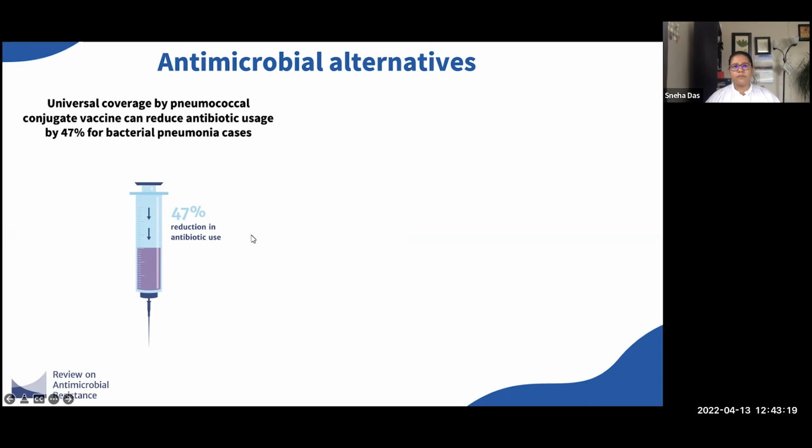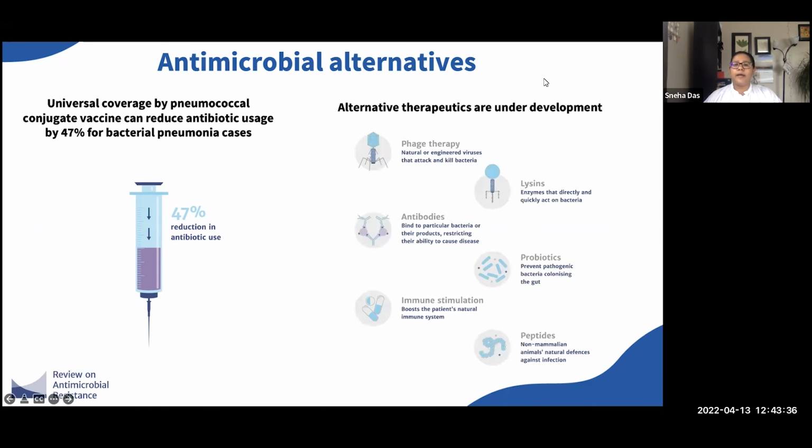So that's a good number. So there is research ongoing, and they are trying to develop vaccines for specific bacterial infections. And we saw vaccines for COVID work really well as well.